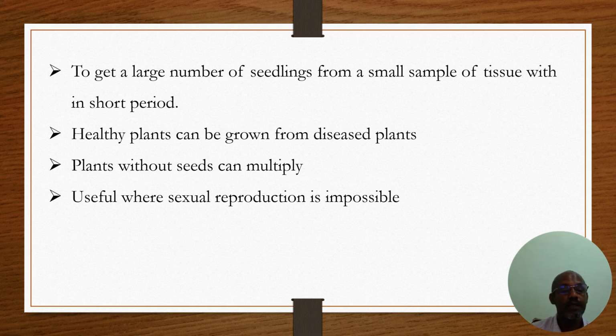The other advantage is plants without seeds can be multiplied, like banana. You can multiply banana by using tissue culture because you don't have seeds. The fourth advantage, this plant tissue culture is useful where sexual reproduction is impossible, like in the case of plants with no seeds.